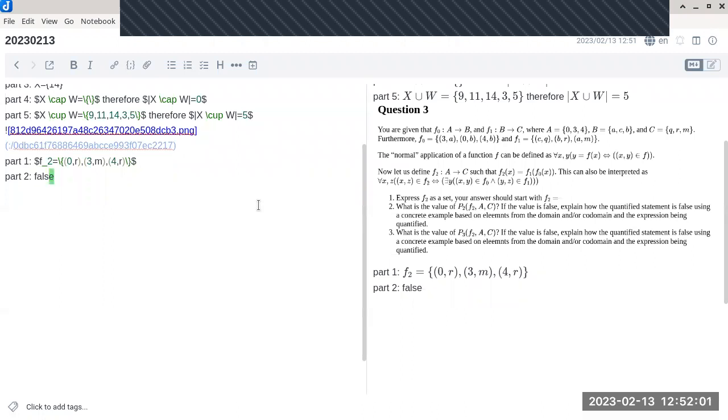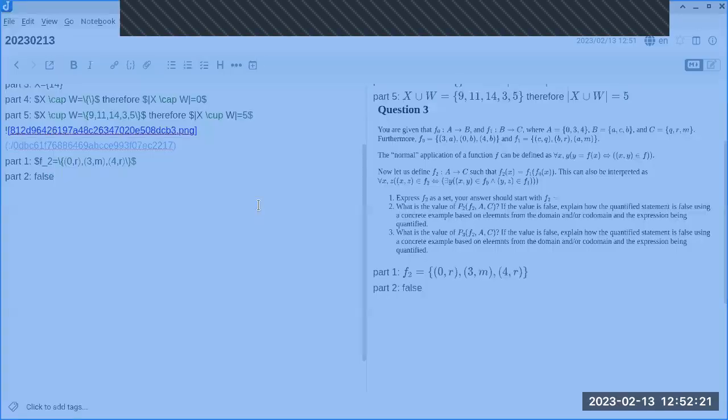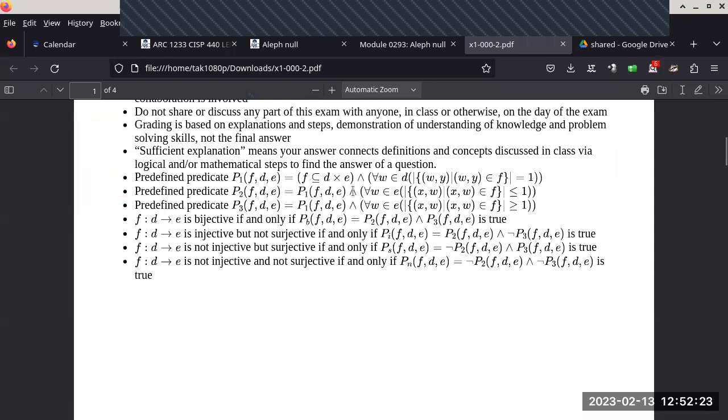So how are you supposed to explain? Well, the question actually tells you the format. Explain how the quantified statement is false using a concrete example based on elements from the domain and codomain and the expression being quantified. So what expression is being quantified here? It's about these things.